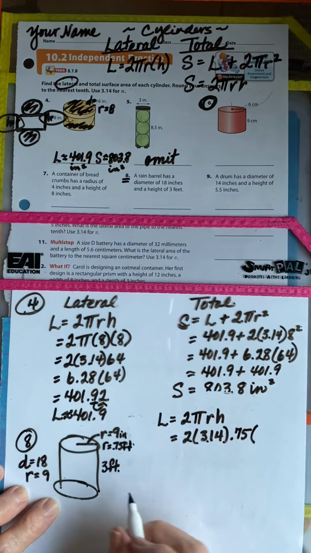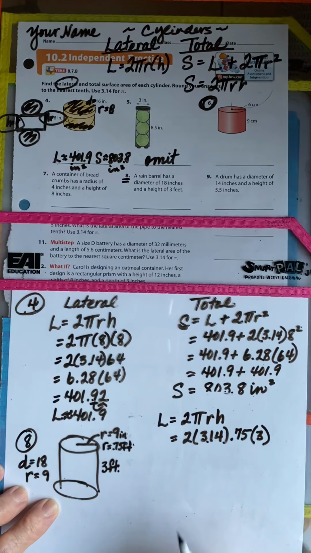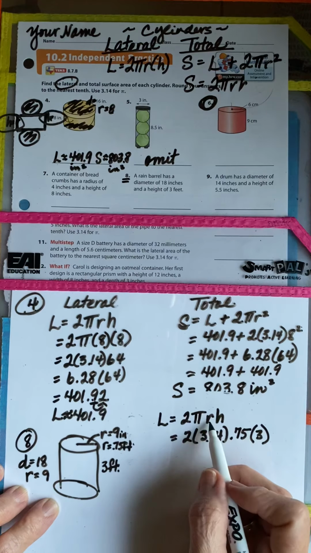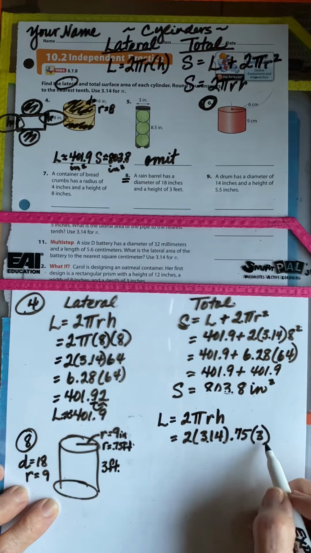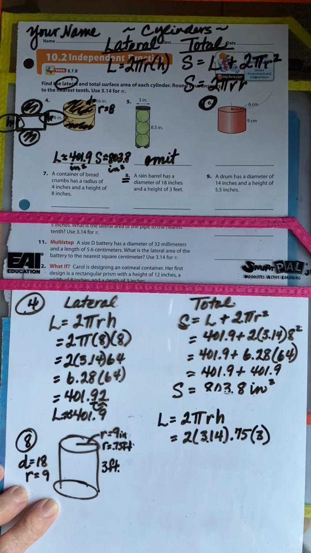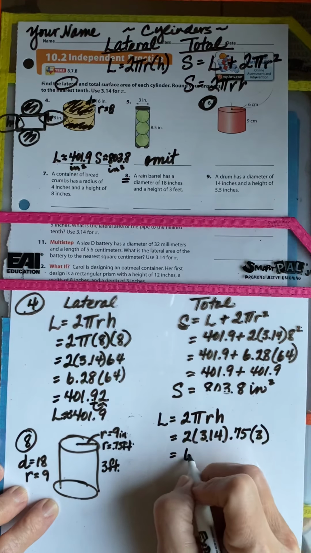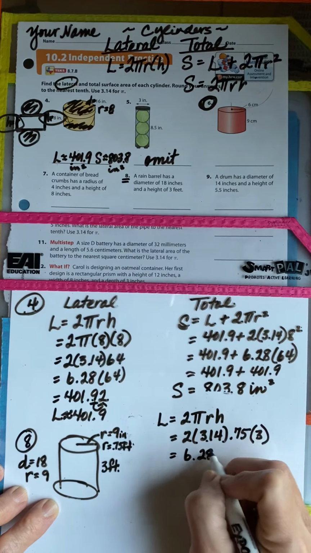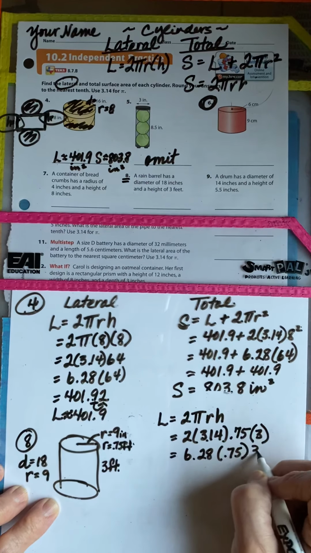Height is 3. Cool beans? 2 times pi. Radius is 0.75 of a foot and 3 feet tall. So, again, that's 6.28 times 0.75 times 3.